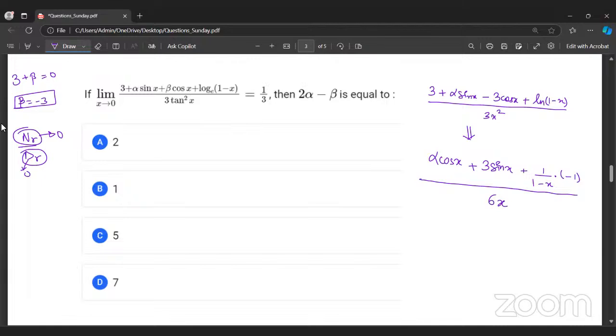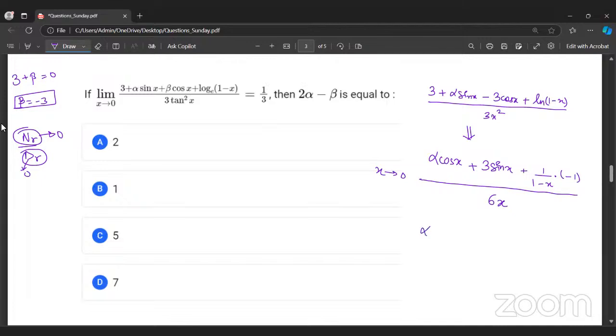So again, if x is tending to 0, where is your denominator tending to? 0, sir. So again I can apply my same logic and shift it to the numerator also. So just check for what value my alpha will also be 0.